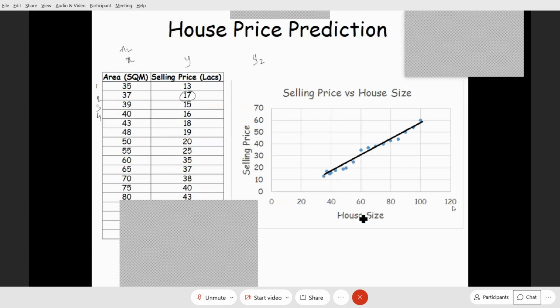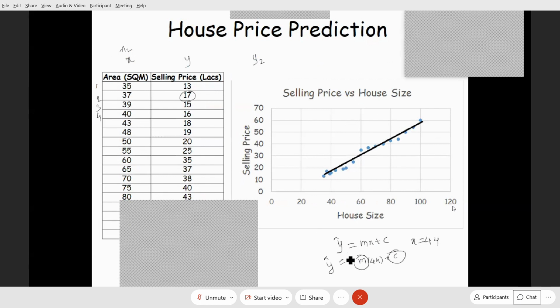If I have the equation of the line as y equals mx plus c, what is going to be the value of y at x equal to 44? I substitute 44 in this equation, m times 44 plus c, where I already know the value of m and c. That is what we do, and this becomes my y cap.